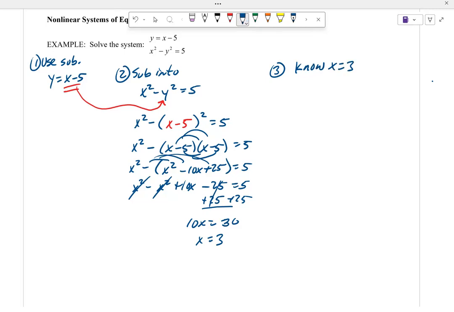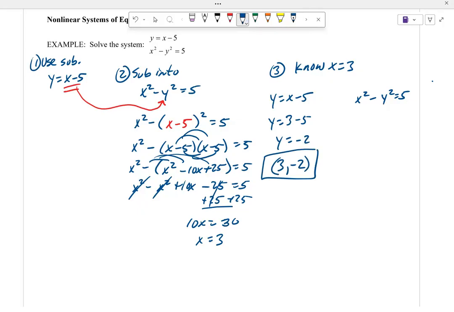Then the question is, which one do I plug it into? This y equals x minus 5 or the x squared minus y squared equals 5? Well, let's say we plugged it into the linear, so we get y equals negative 2. So when x is 3, y is negative 2.